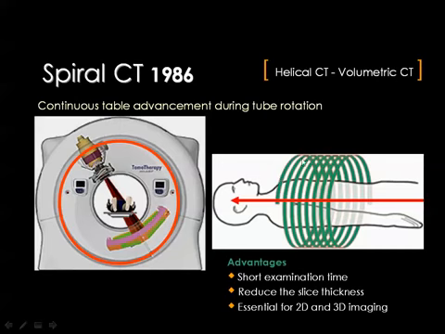Then you get what looks like a spiral, and hence the name. This is the spiral CT, or volumetric CT, or helical CT. And this CT has greatly reduced the examination time from 1 hour to about 12 minutes or 10 minutes.